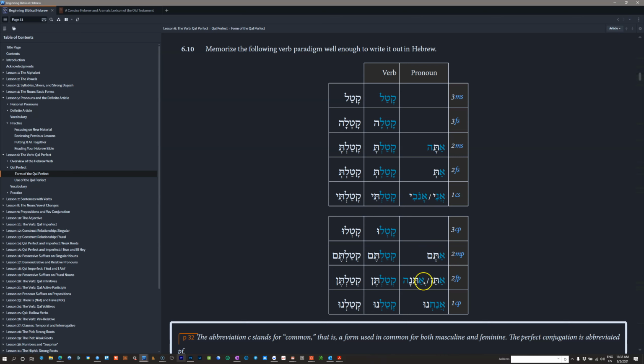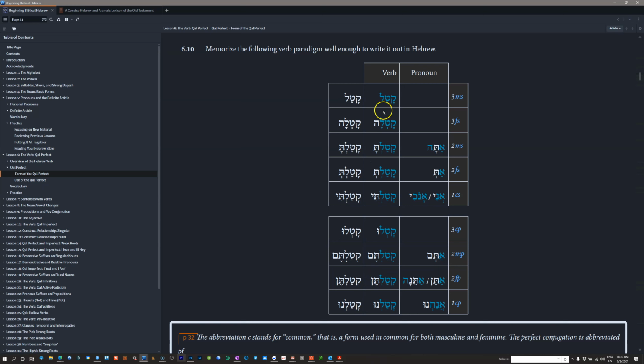And for atten, we just take the ten and we put it over here. Now, ten becomes ten because we want this to be a short vowel, just like the segol up here. But again, you can tell the difference between the masculine plural and the feminine plural because the masculine plural will have the mem for masculine. And then the nun represents the feminine here. All right, so we get a little bit of a difference here in these forms as well.